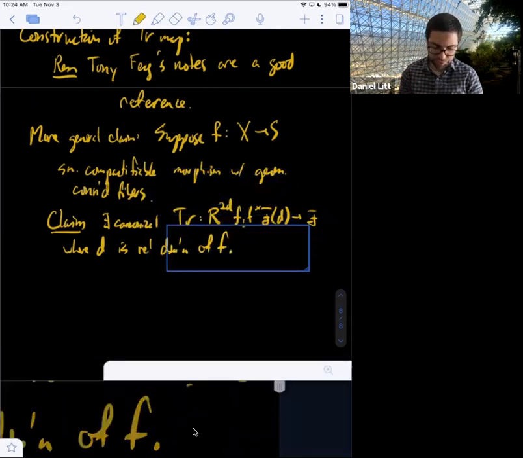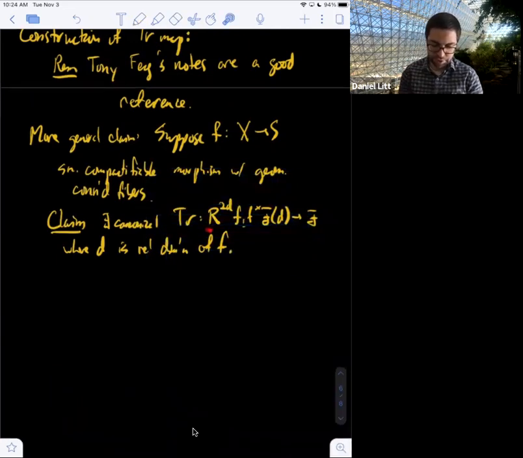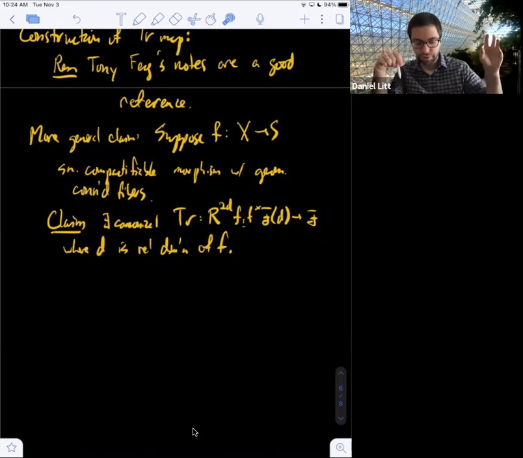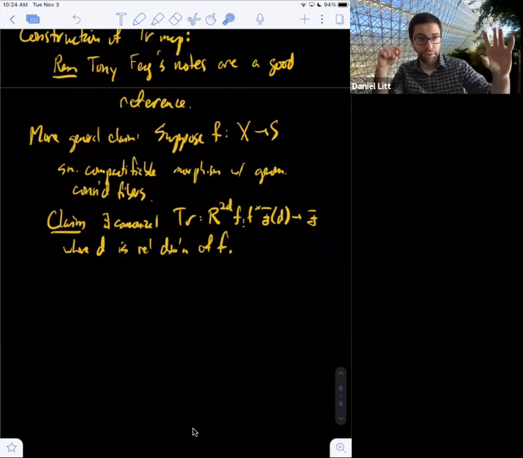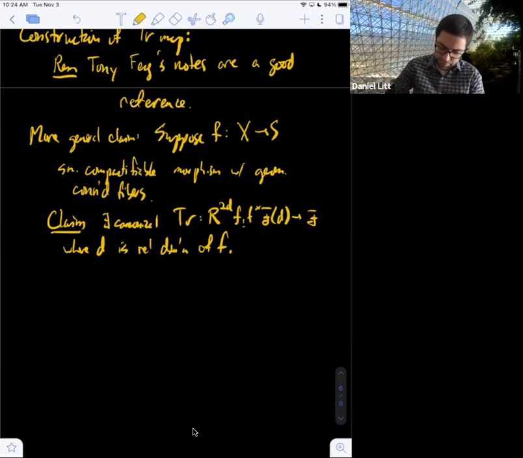Okay, so let me briefly remind you what this R^{2d}f_! was. What this was is you choose a compactification of the morphism f, and then there's a functor given by composing f lower star with the extension by zero to the compactification. And so our R^{2d}f_! is not quite the derived functors of that.